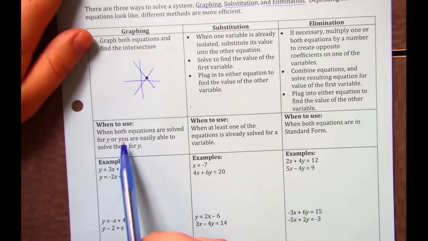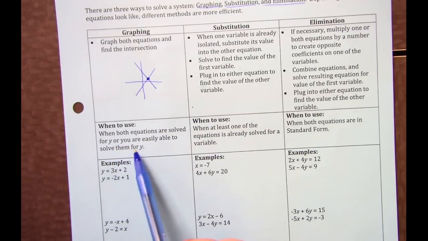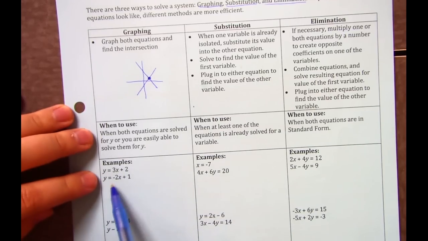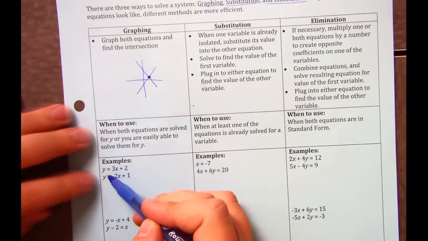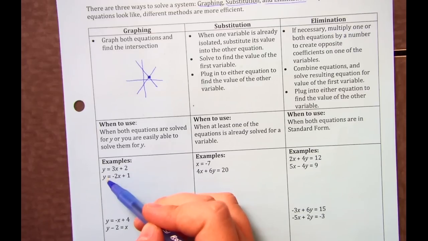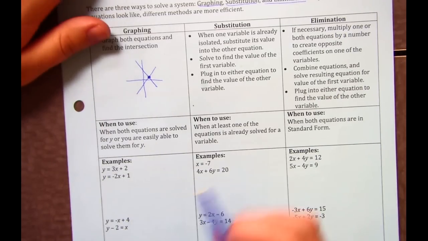Now, graphing is easiest to use when both equations are solved for y, or you are easily able to solve them for y, because then you can graph in slope-intercept form. You could use graphing in standard form, but you couldn't use your calculator then, because your calculator only takes equations that start with y equals or f of x equals. But you could always graph them by hand in that case.